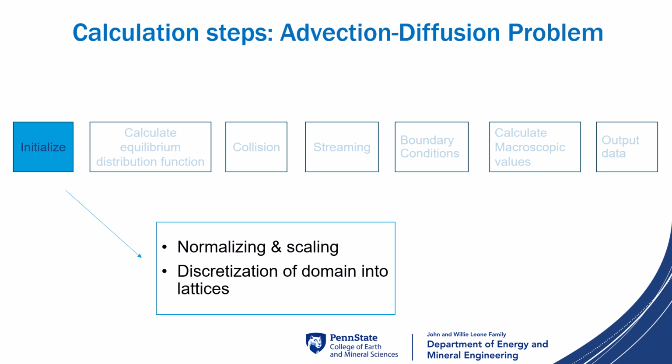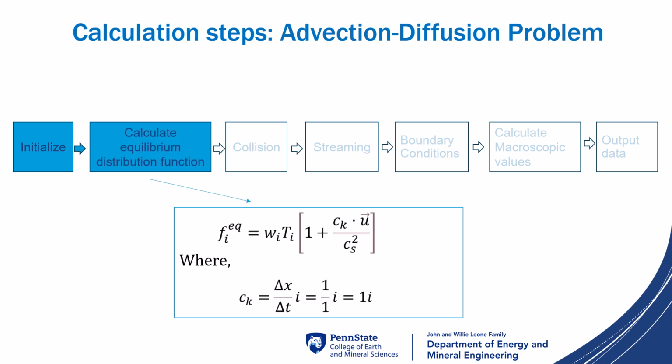It embeds the thermostat at the inlet and gives us a clear baseline for tracking how energy spreads across the domain. To compute the equilibrium distribution function f_i^eq, we combine the local temperature T prime with the flow bias term. This bias is calculated as the dot product of c_i and u prime divided by the square of the speed of sound.